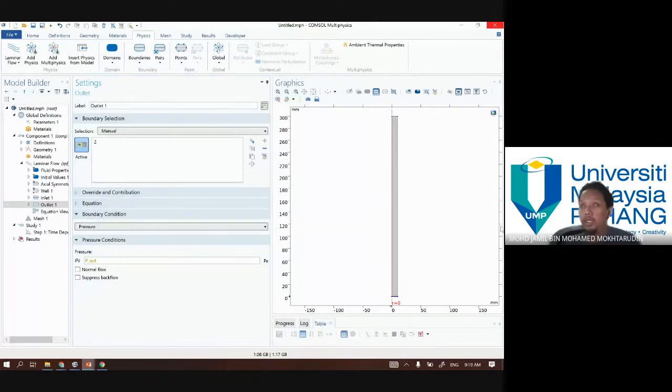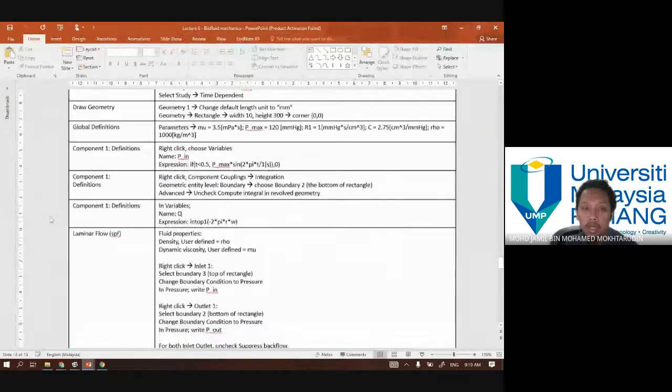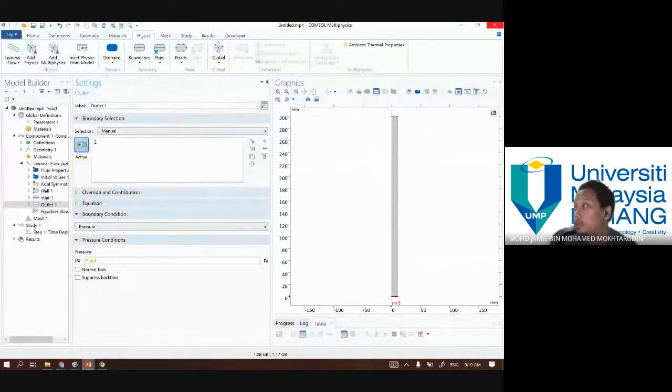So continue the tutorial. From the question, as I showed just now, we have this circuit at the outlet. So your pressure will depend on the circuit. You need to define the equation for the circuit in COMSOL Multiphysics. So how to do that? It's already in the tutorial.